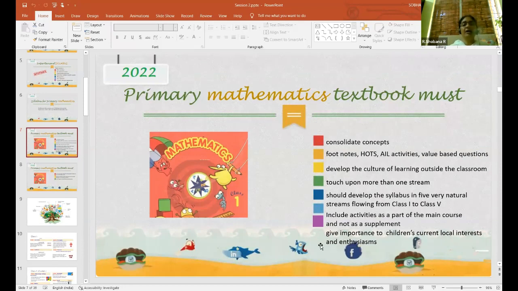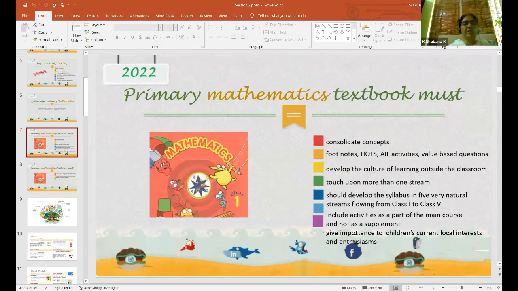And then maths textbooks must give importance to children's current local interests and enthusiasms. For example, they should always give examples relating to the local culture or something pertaining to our country.